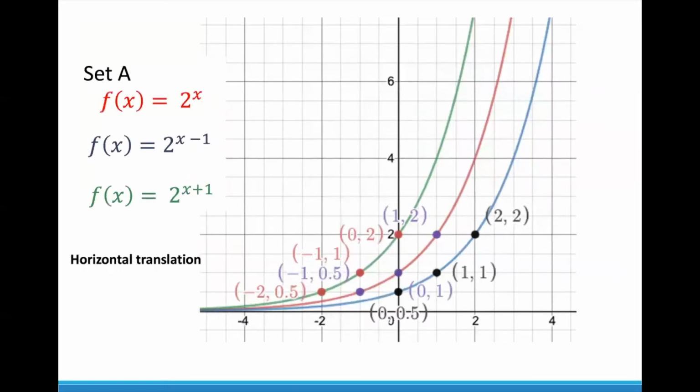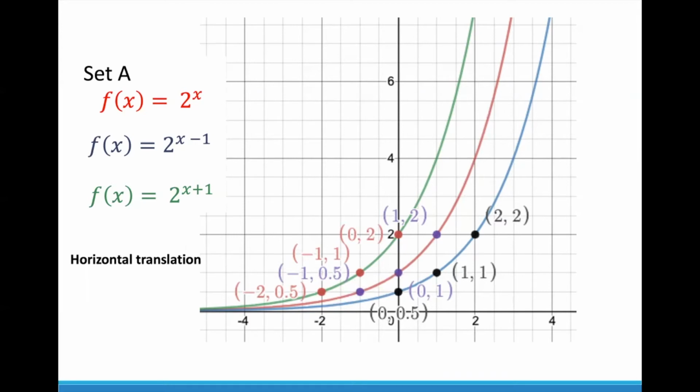The red one is the graph of f of x equals 2 raised to x. Observe what happened to the points if you have the function 2 raised to x minus 1, which is the blue graph, and then 2 raised to x plus 1, which is the green graph. From our basic function, you see the horizontal translation of the graph.